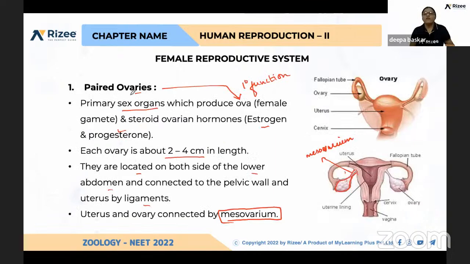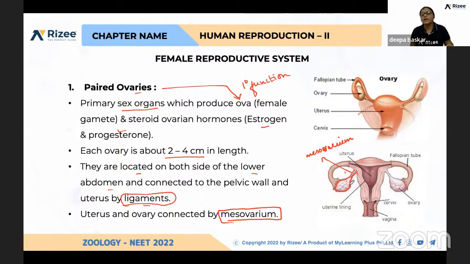In female, we have a pair of ovaries on either side of the lower abdomen, and they are attached to the abdominal wall with the help of ligaments. What is the dimension of ovaries? 2 to 4 centimeter in length. So this is called ovary, and this is the backside.